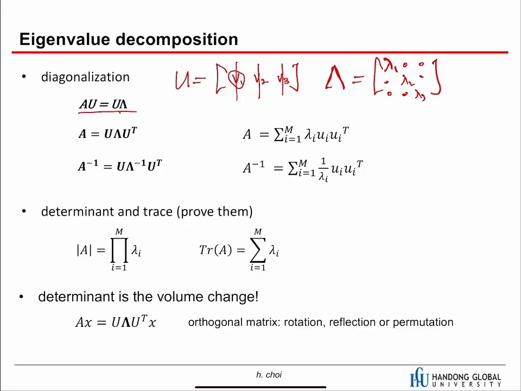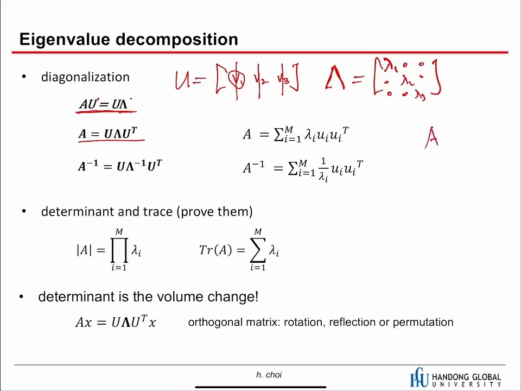When we have three eigenvectors and eigenvalues, we can represent all of them in a single equation. These eigenvectors are orthogonal, and if we multiply by U transpose on both sides, we get this. This is really interesting.